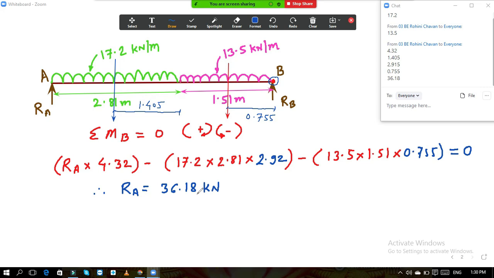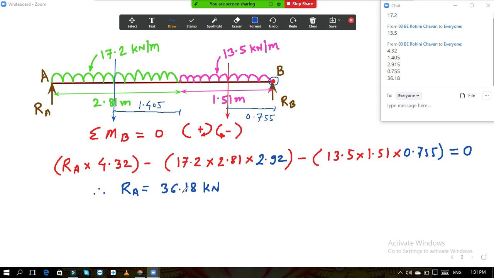Now, after calculating the value of RA, we need to calculate the maximum bending moment. Here, if you see, the beam is not symmetric, although it is simply supported. If you observe the loading on the beam, the loading is not symmetrical. On one side the loading intensity is higher, on another side it is lower, and also the span is different. So you will not get the maximum bending moment at the center.